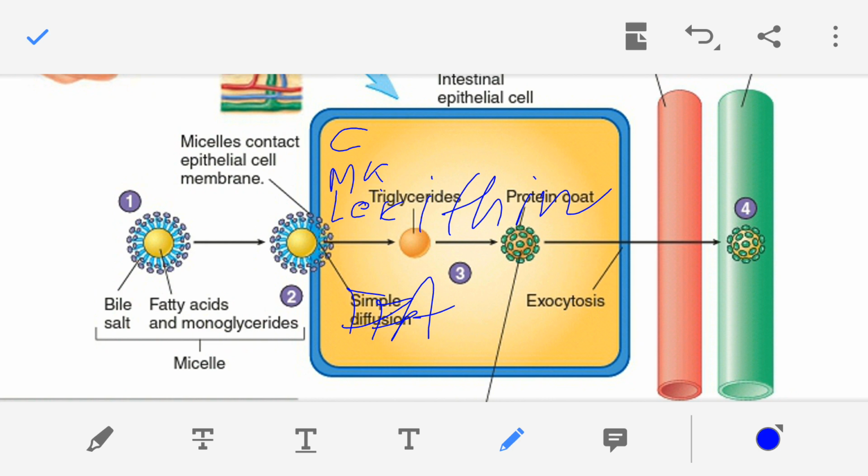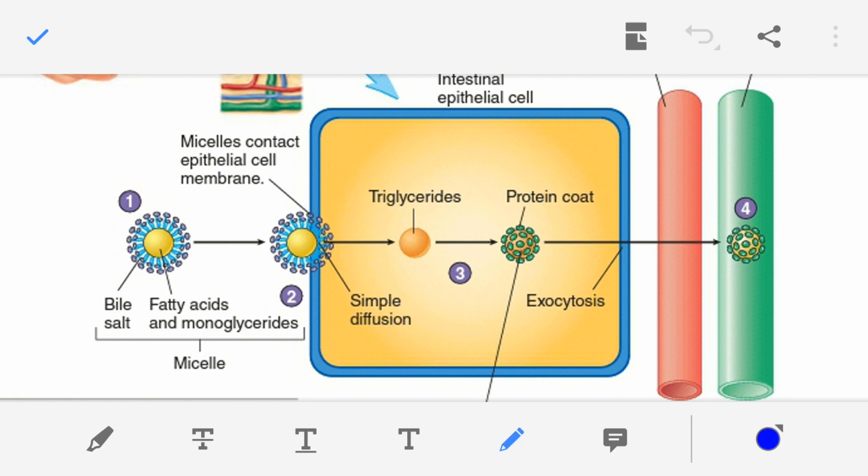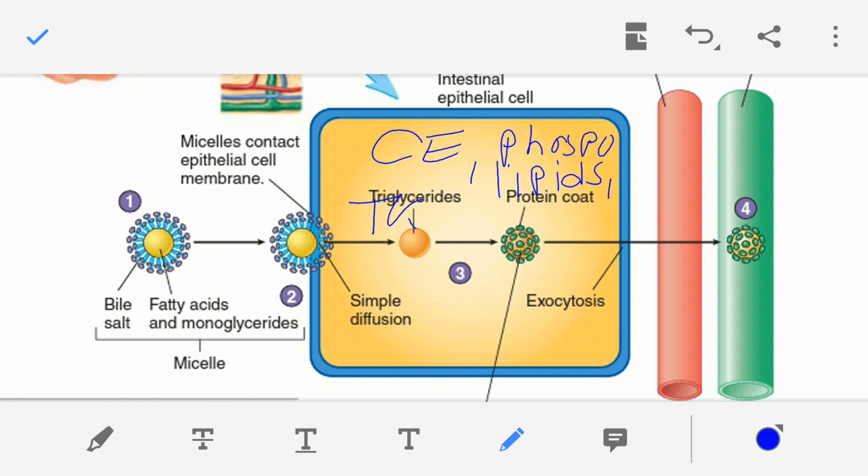Now all these are esterified with the free fatty acid, and now in the cell there is a formation of cholesterol ester. Phospholipids are formed. Triglycerides are formed.